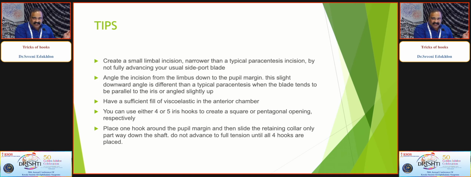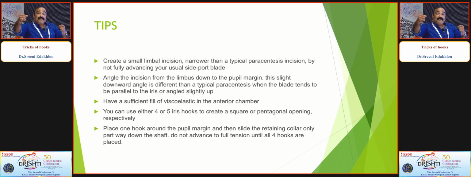Then again, I mentioned it during my presentation. You just hook it there. Don't pull it to an extent that it's pulled too much. See, the biggest problem, like when I'm putting it at 3 o'clock, the whole iris is going to come here. That pupillary margin is also going to come.